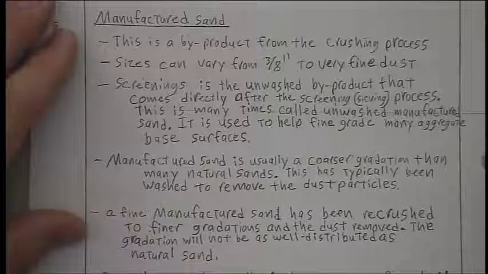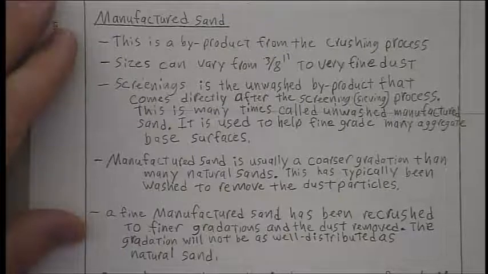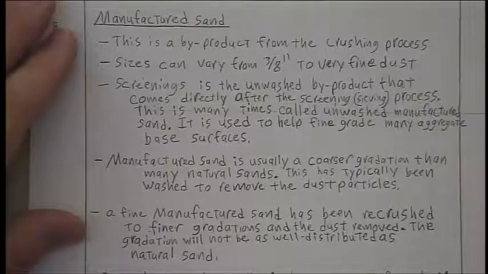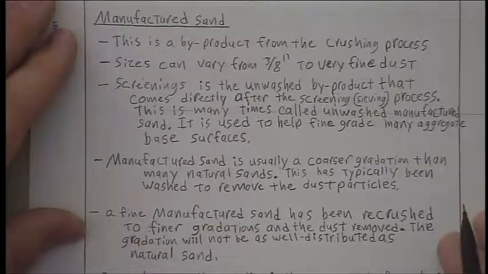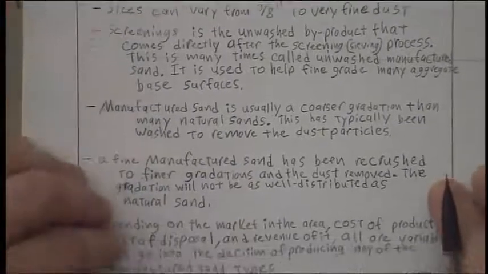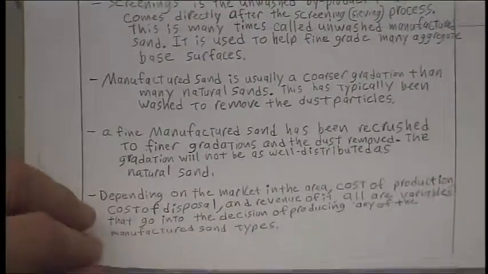There's not a big need for it. For fine grading, like I said previously, people will use it, but they won't use it in a lot of other applications. So right now it's a big deal trying to find uses for it in different applications.